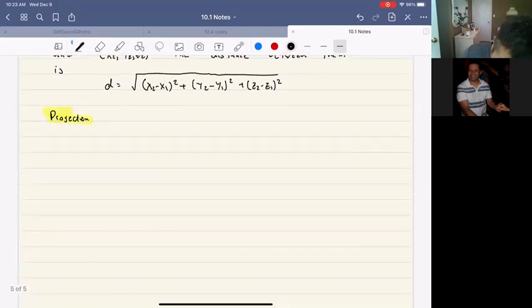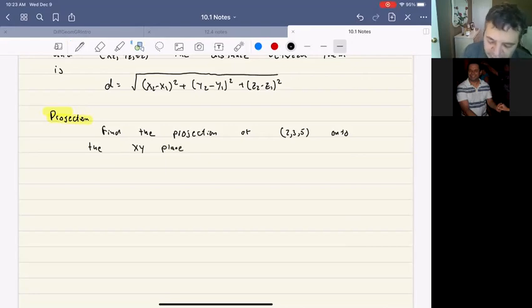So let's find the projection of 2, 3, 5 onto the xy plane.